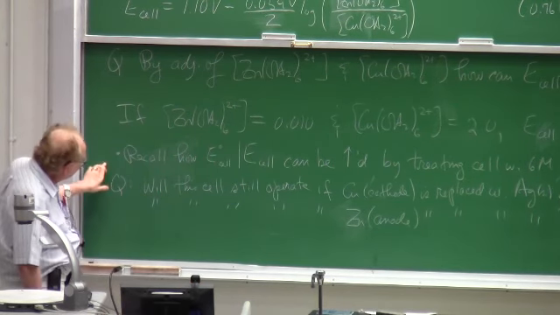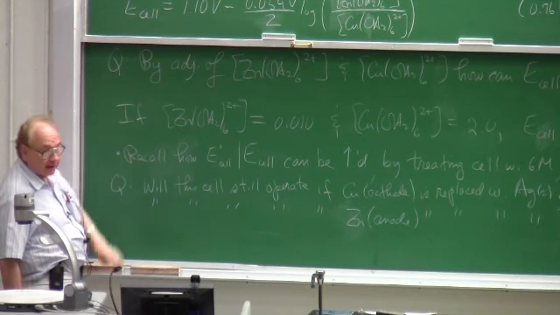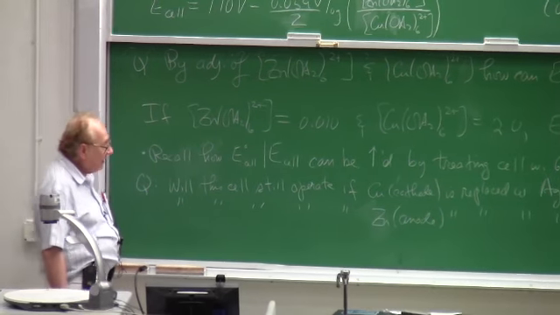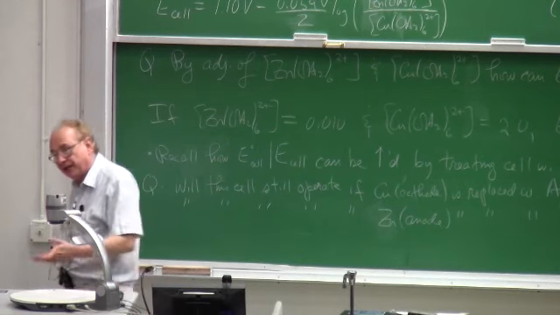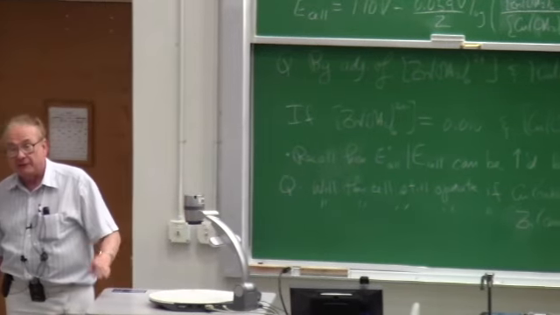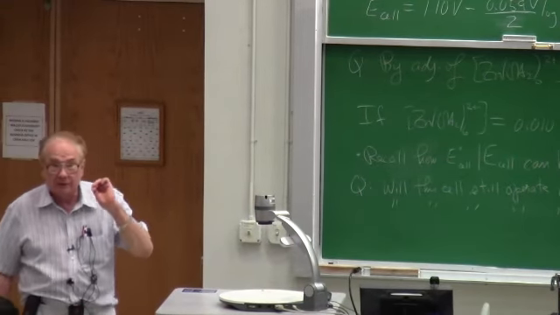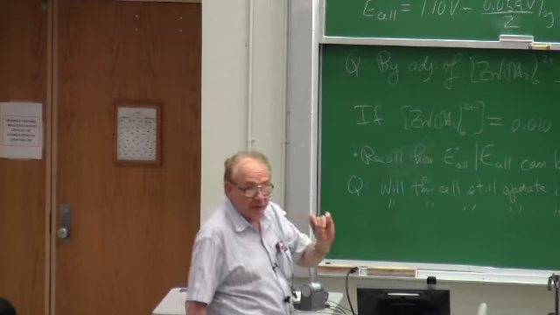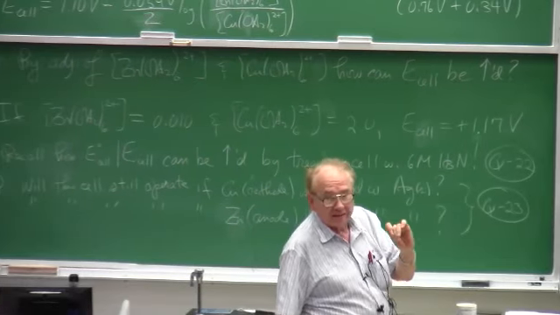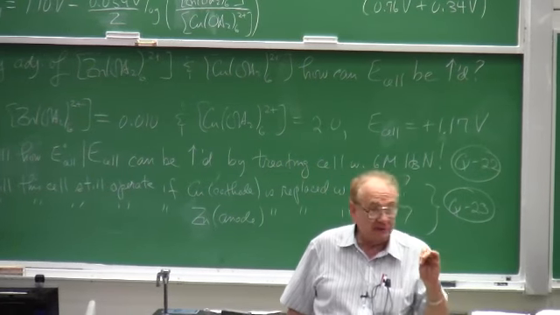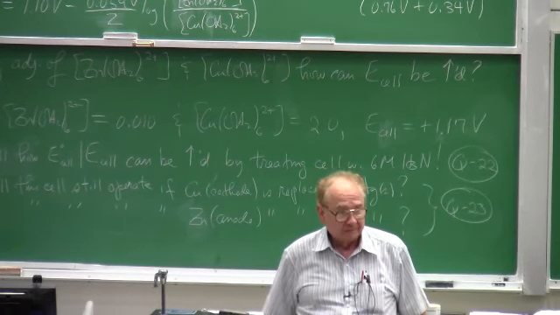Now, we've already talked earlier about how this cell can be acted on by treatment with ammonia. Previously we talked about how to treat this system with ammonia to make E0 cell go up. Now we can do the same thing with E cell by treatment with ammonia. You can make E0 cell go up as well as E cell.